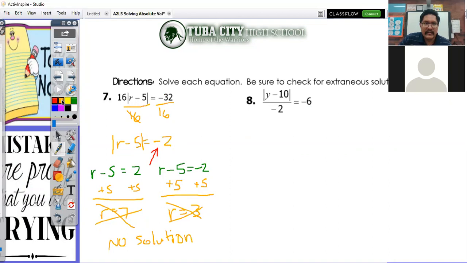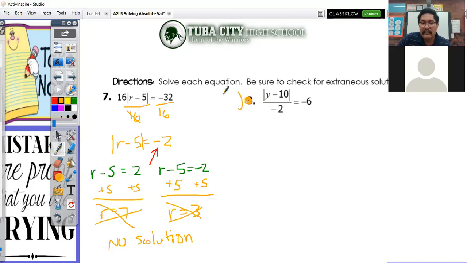All right, so let's go ahead and do this one here. Now I have 2 on the bottom, and see how over here, I had a times by 16, so I divided by 16. Same thing. If you have a problem like this, I'm going to cover this up just so it's a little bit easier to see what's going on.